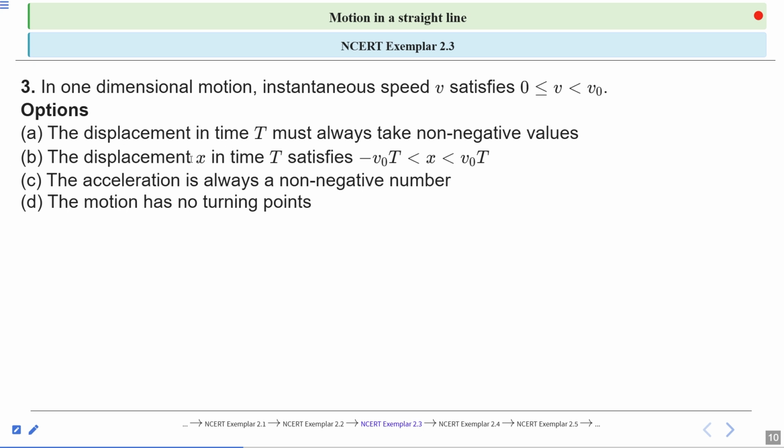Option B, the displacement x in time t satisfies the condition that x is greater than minus v naught t and less than v naught t. Option C, the acceleration is always a non-negative number. And option D, the motion has no turning points. So which one is the correct option? Think about it.